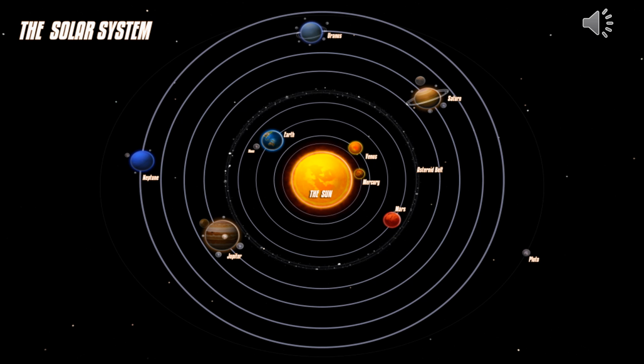Then comes Earth, then Mars, then Jupiter, then other planets, Saturn, Uranus, Neptune. So, you can see clearly in the picture that all the planets are revolving around the Sun, as the Sun is in the center of the solar system.